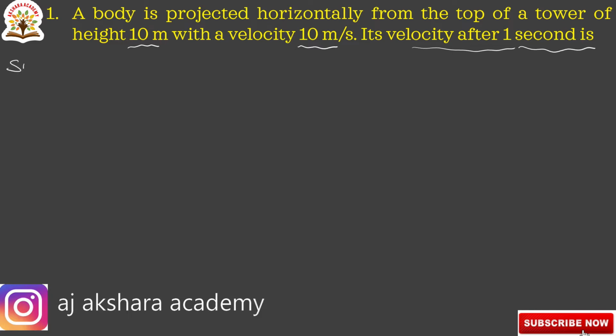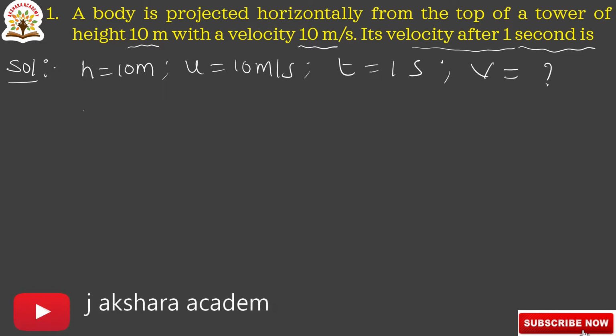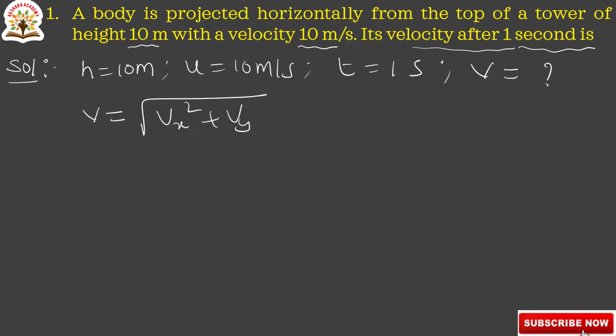Let us go to the solution. Here given height h is equal to 10 meters, u is equal to 10 meters per second, and t is equal to 1 second. You have to calculate v, the velocity after 1 second. v is equal to square root of vx square plus vy square.